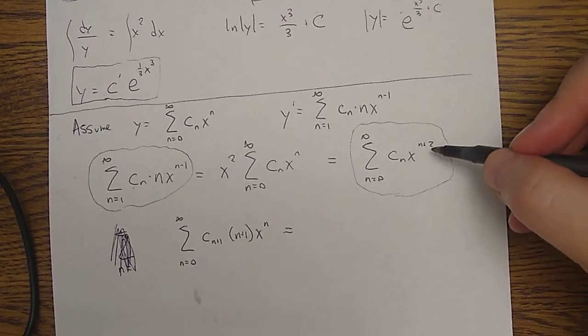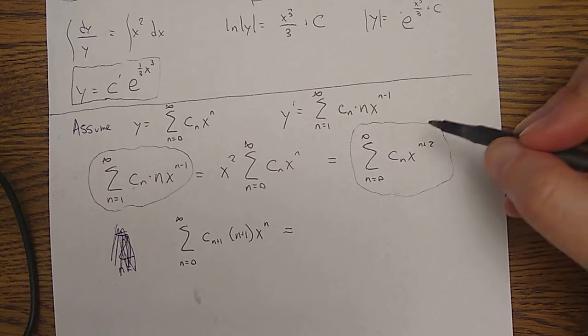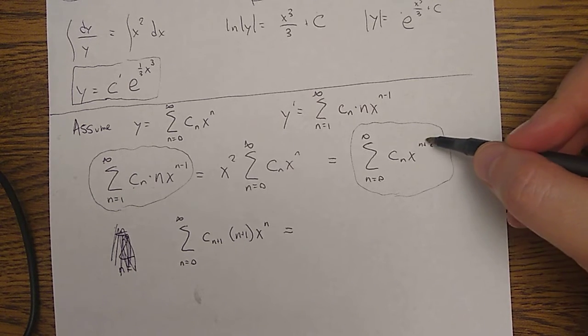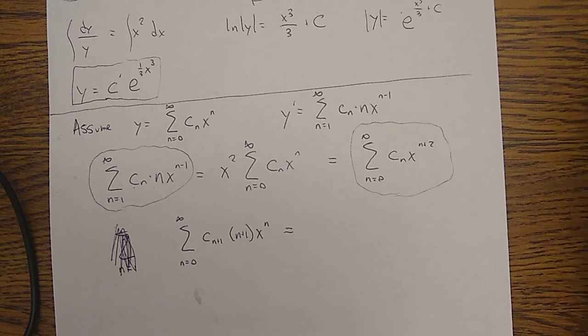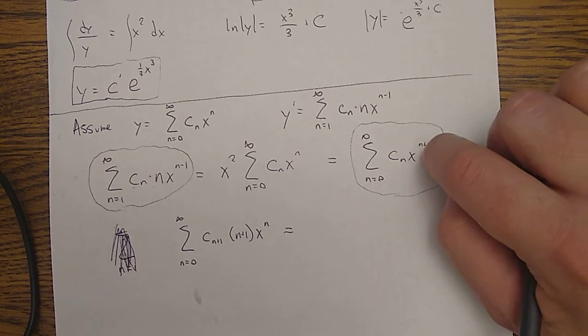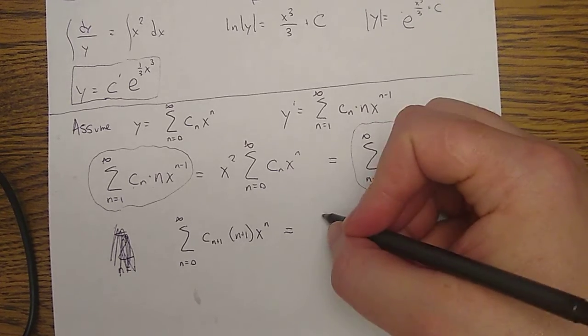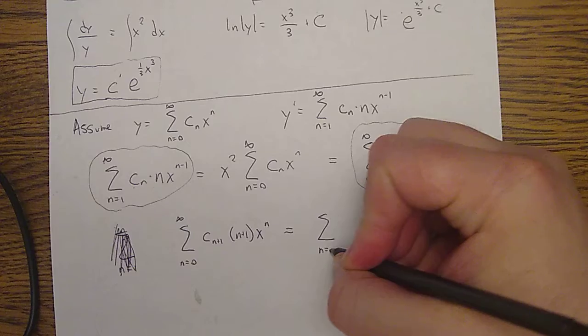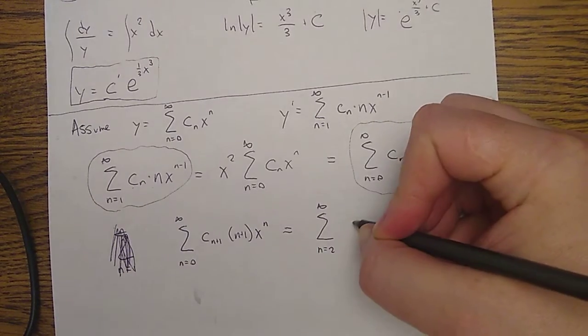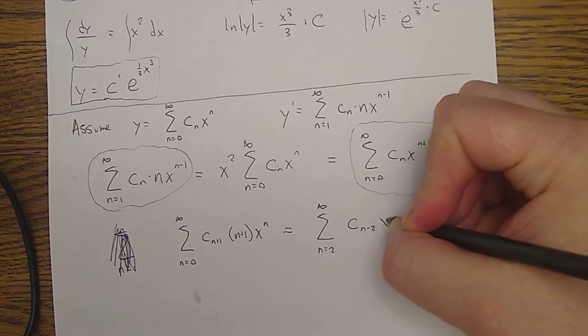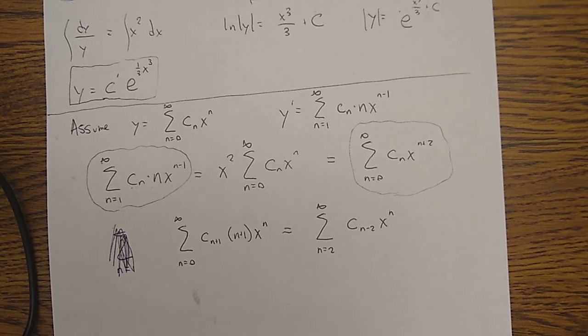I can also bump this. I would like to replace this n with an n minus 2, so that this n plus 2 just becomes an n. So I'm bumping these n's down by 2, so I should bump these up by 2. Like that.